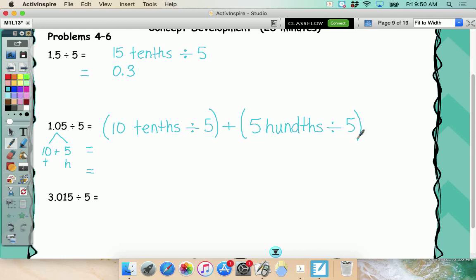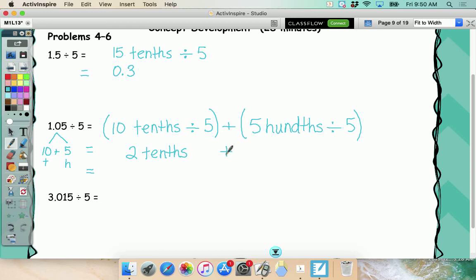Now, eventually you'll do all this in your head. You'll look at 1.05 and you'll think, okay, 10/10 divided by 5, 5/100 divided by 5, and you're going to get the answer. So help me out here. 10/10 divided by 5, what is it? 2/10. You have to write that down. Plus 5/100 divided by 5.